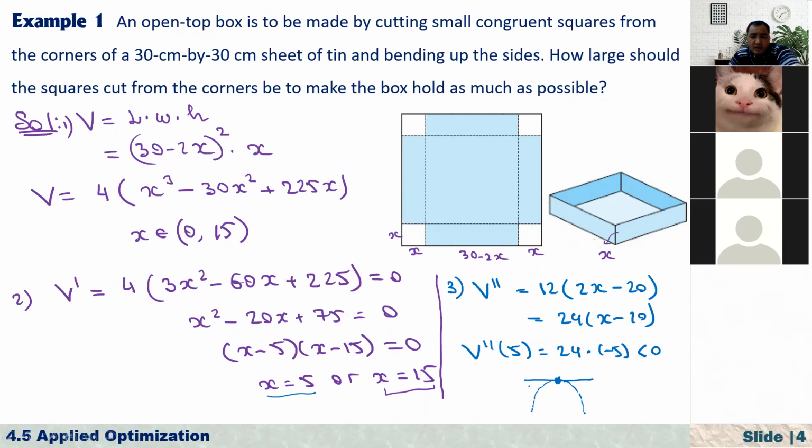So what is the question here? How large should the squares cut from the corners be to make the box hold as much as possible? The side length of the square must be 5 centimeters. If you're given a 30 by 30 sheet of tin and you cut 5 centimeter squares from the 4 corners and make a container, it will hold the maximum volume.